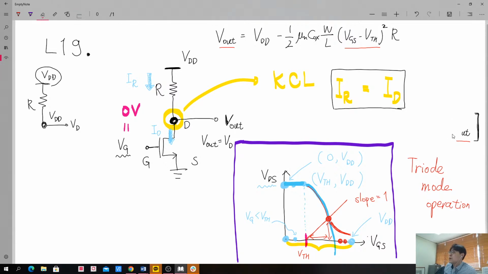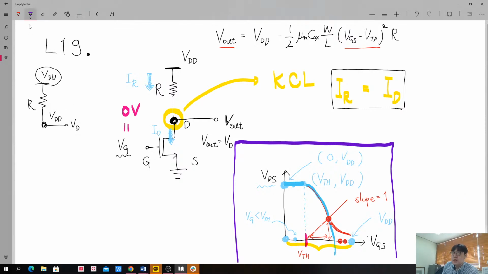So when you change your gate bias voltage, then you can change your drain bias voltage. So let's see the application of this circuit in two ways.